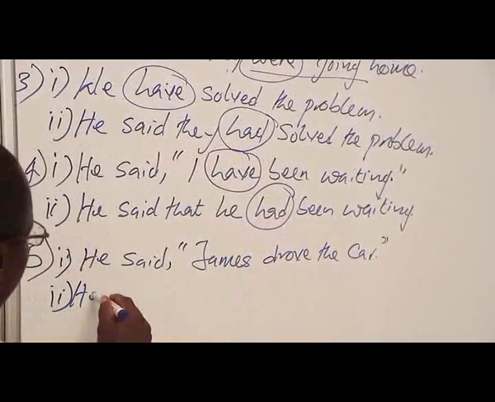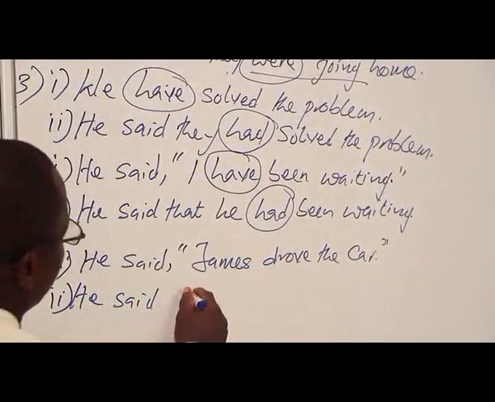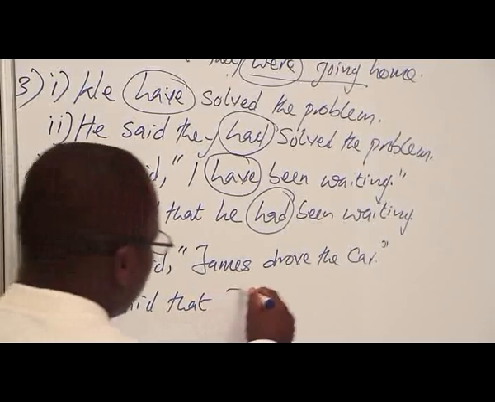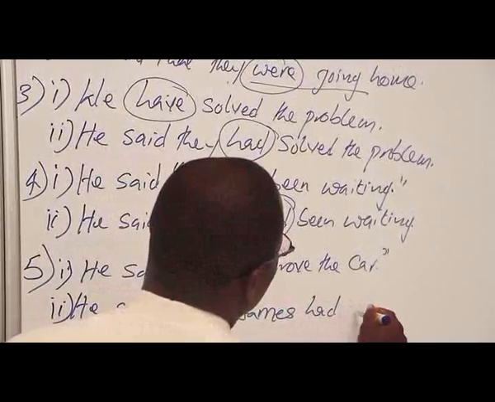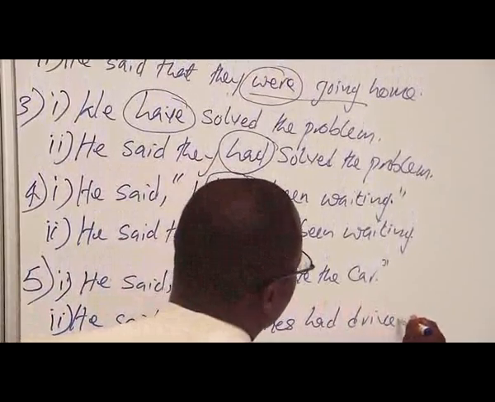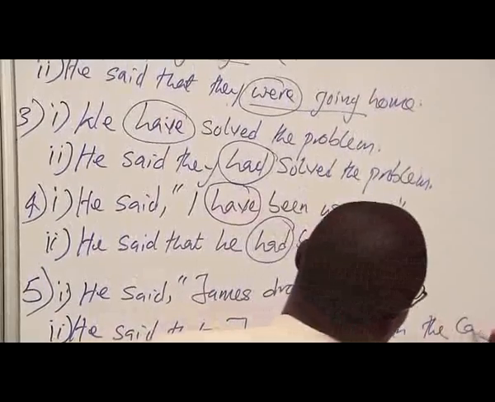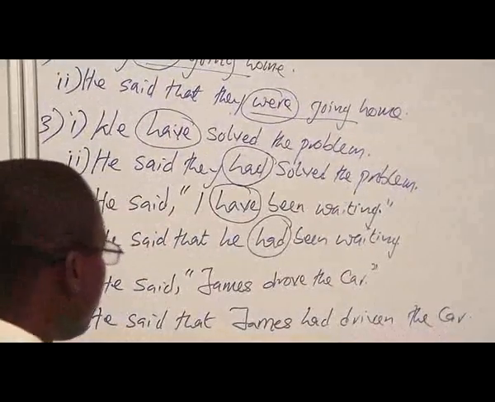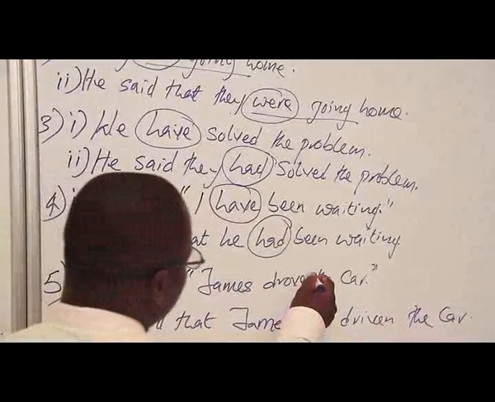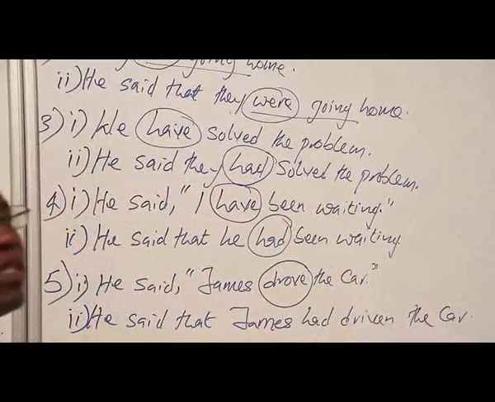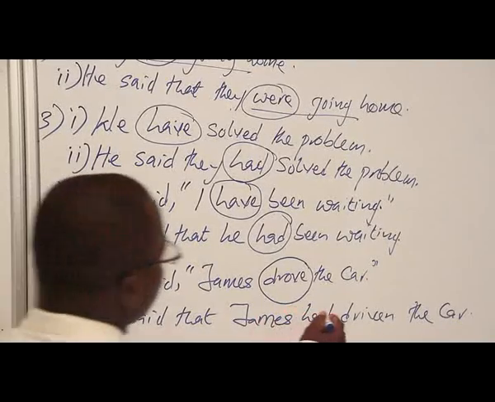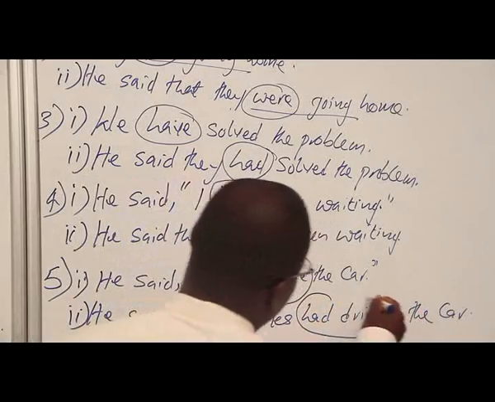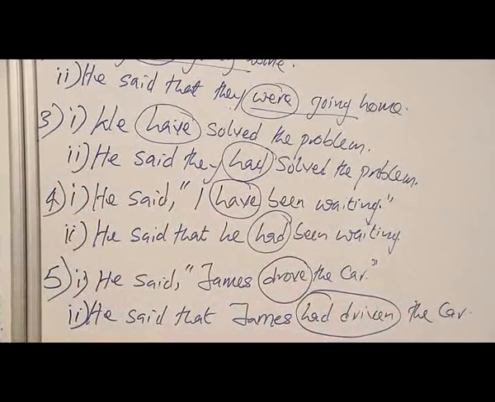Now we can have, he said that James had driven the car. So what we have here, from the simple past tense, indicated by the verb drove, we now have the past perfect tense had driven from the simple past tense.